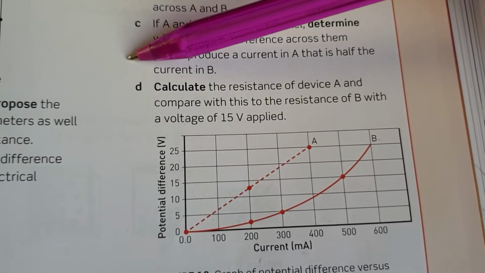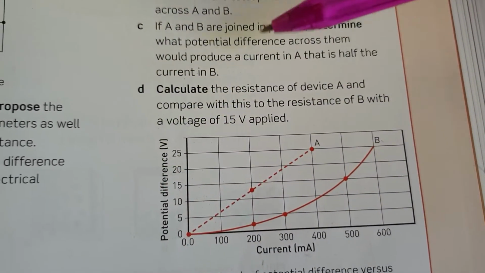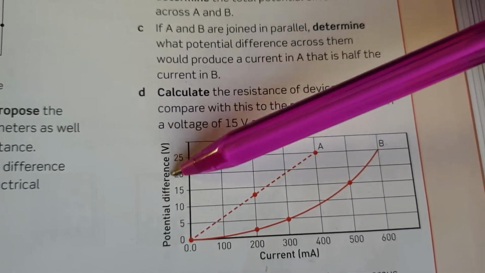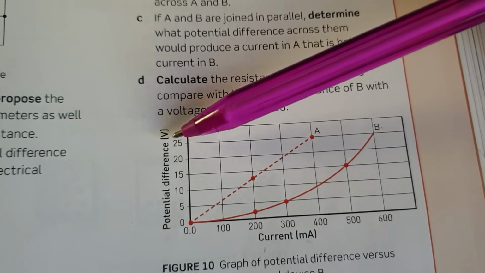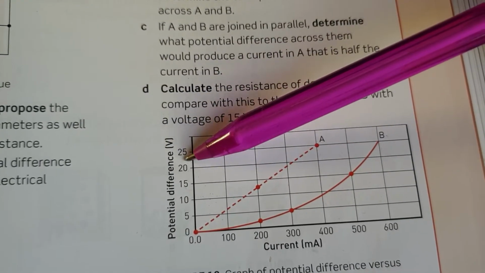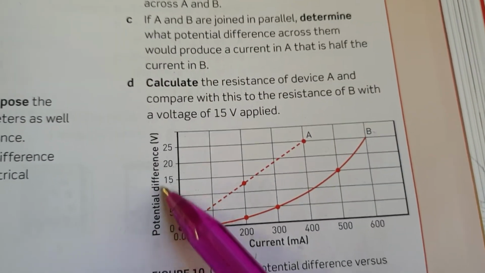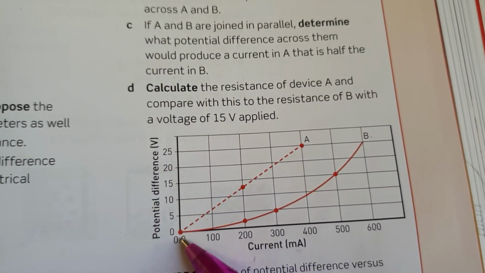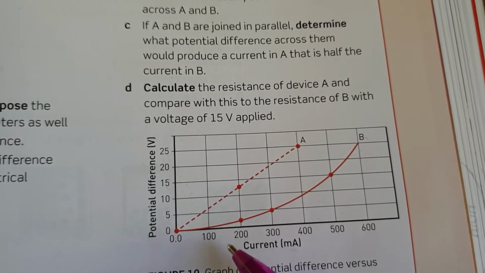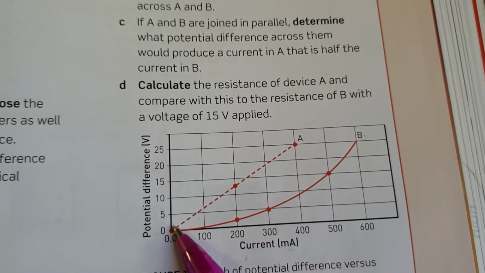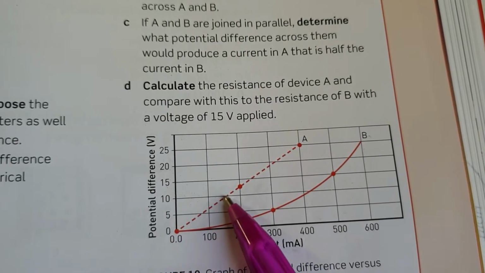Now remember, the potential difference is the same when they're in parallel across A and across B. So we want one potential difference value that will give me a current which is half in A the size that it is in B. So it's a matter of looking along the graph axis here, along the potential difference, and finding the spot where the current that you have in A is half the current that you have in B. So if you go up, that's not half of that.